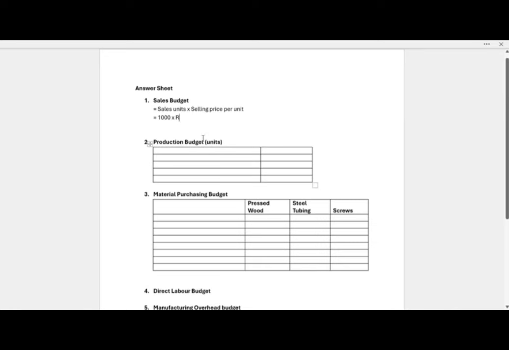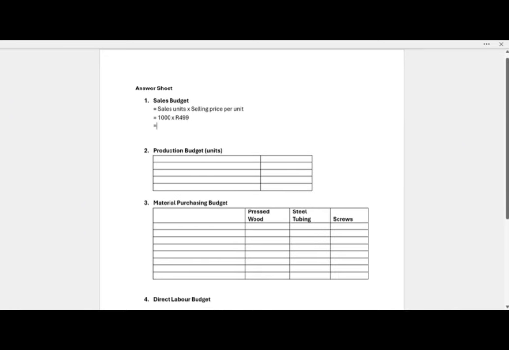And then we come this side, we say 499. Let's see how much our sales budget is as estimated.